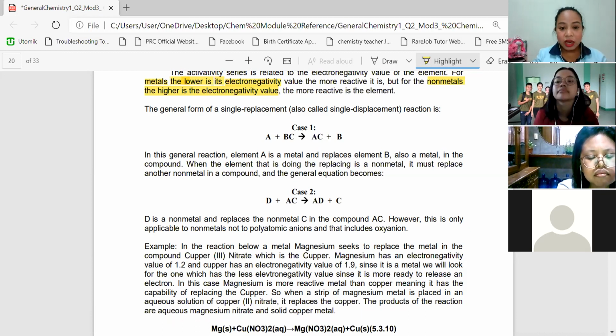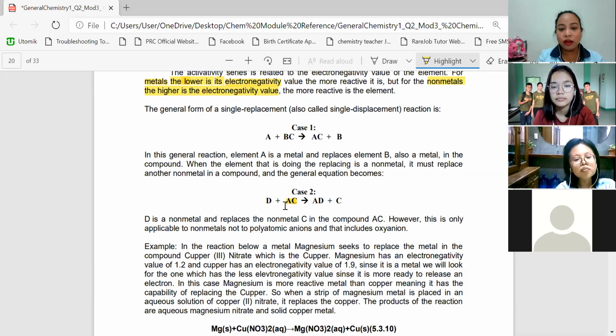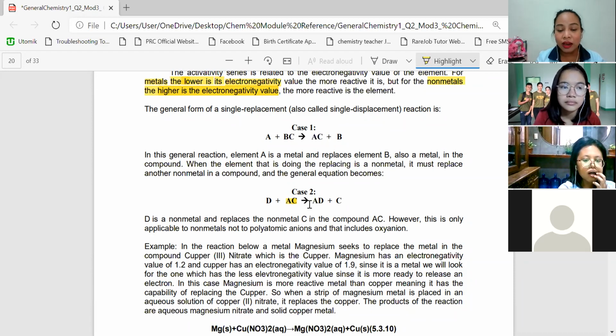So, D is a non-metal. So, in AC, the non-metal here is the C. So, kay si C man ang non-metal, siya ang pulihan ni D. So, therefore, D will take the place of C given that it must have a higher electronegativity value. So, if higher yung electronegativity value, therefore, pwede niyang ilisan.